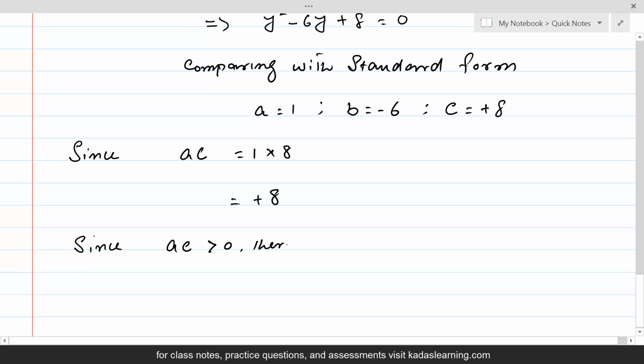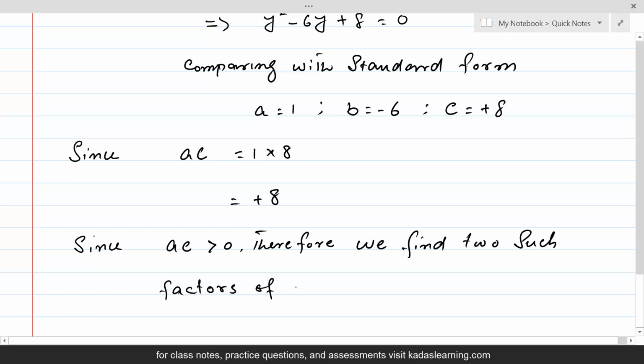Therefore we find 2 such factors of AC whose sum is equal to B, which is 6.